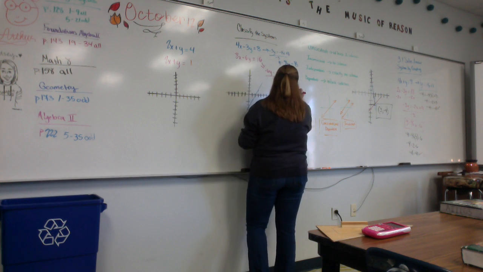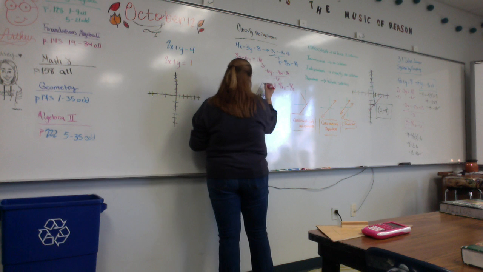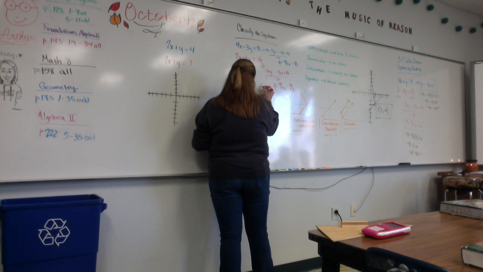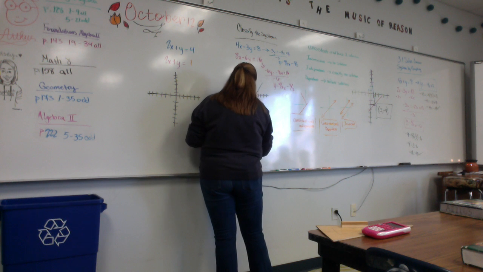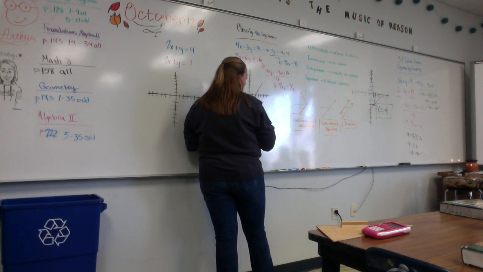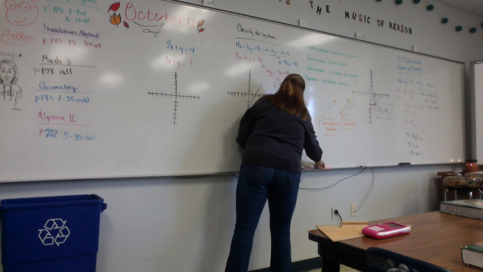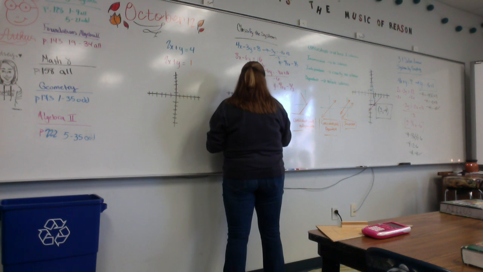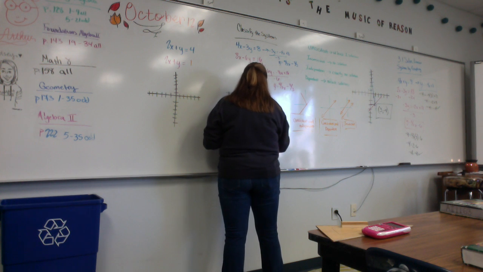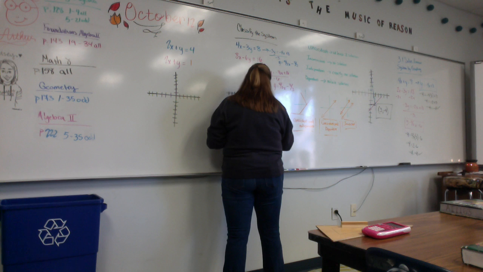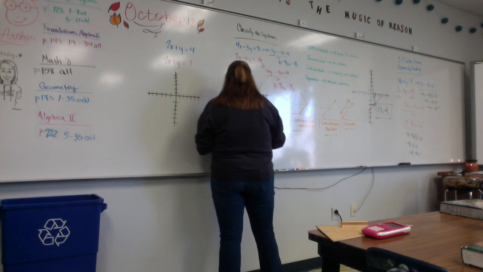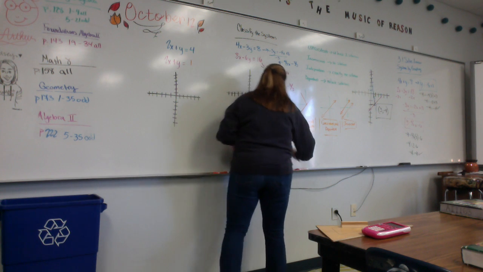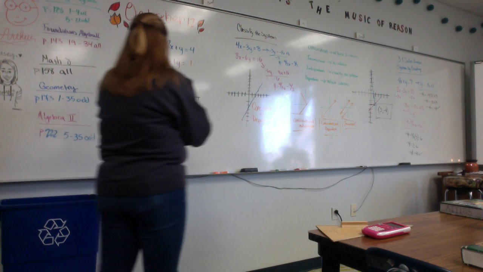What do you notice about that? They're the same. So this is going to graph right on top of the other one. What happens if they graph like that? Consistent and dependent. I would classify these as consistent and dependent because they rely on each other.